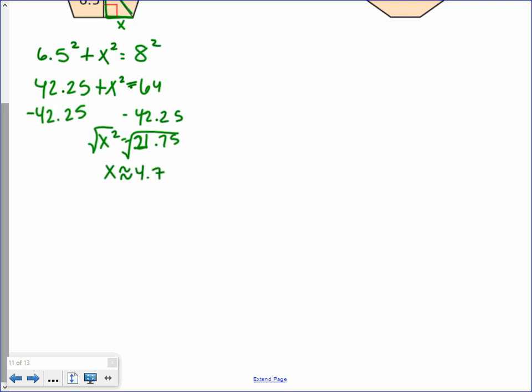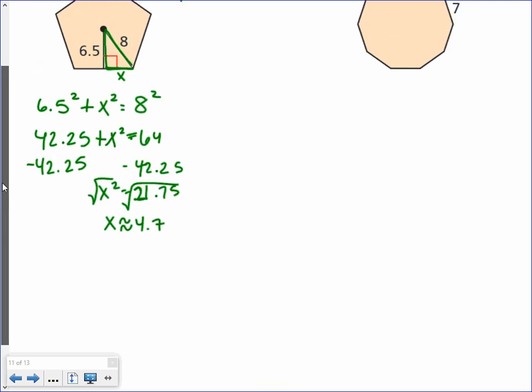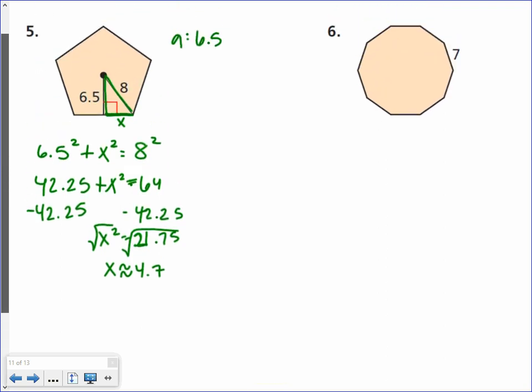Now, you need to put that in perspective of what you just found. What you just found was this right here. So I'm going to erase that x and put a 4.7. I need the perimeter eventually. Now, if that's 4.7, who has an idea of how I could find the entire side? Times it by 2, which is 9.4.